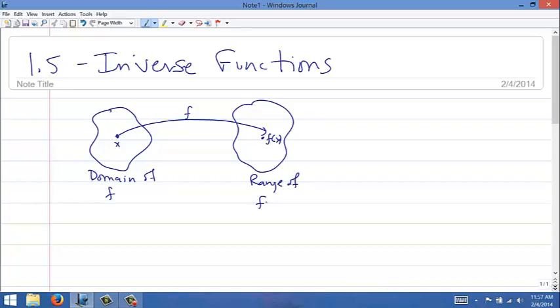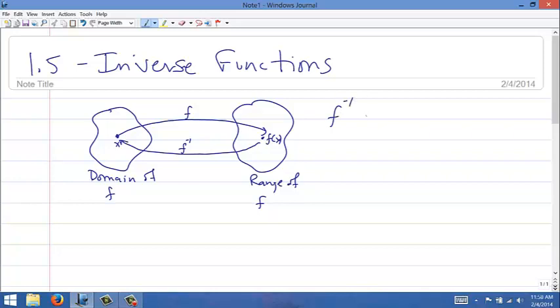So an inverse operation's goal is to undo that original operation. So what I want to do is start over here and take that map and run it back the other way. So this reverse map is what's called f inverse, or the inverse map.